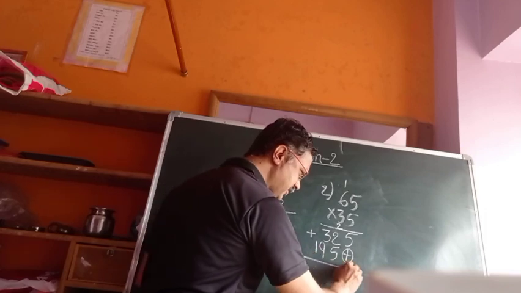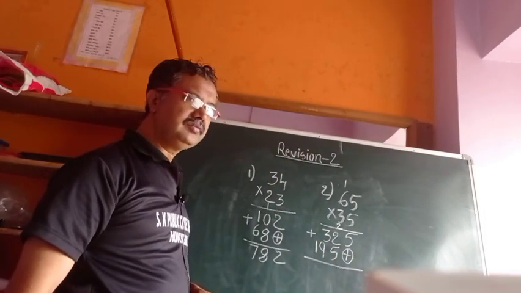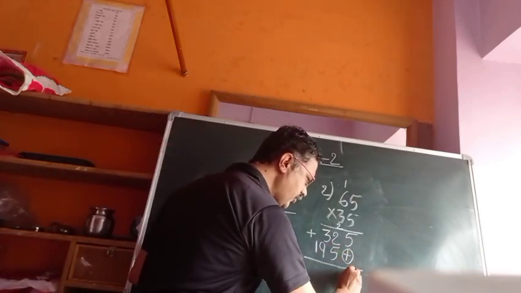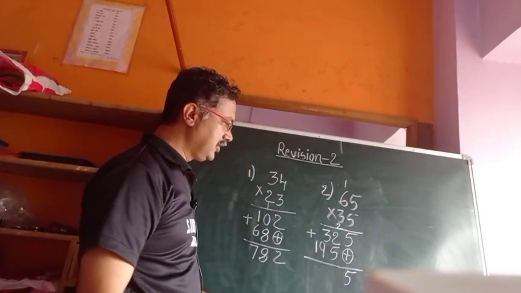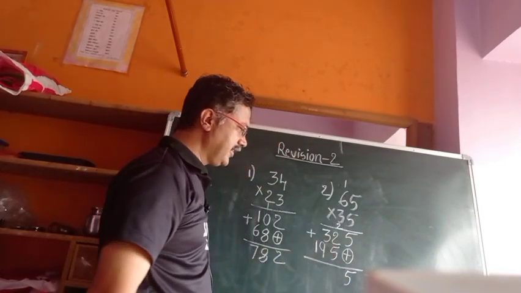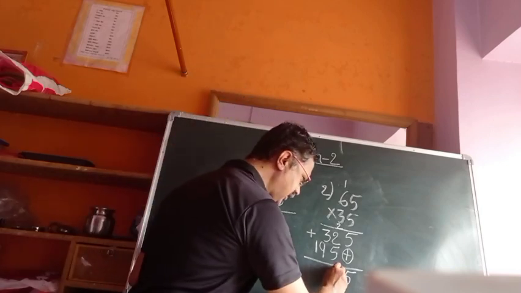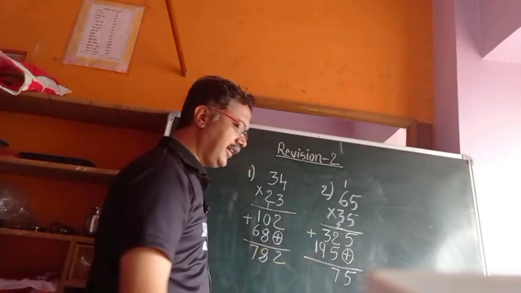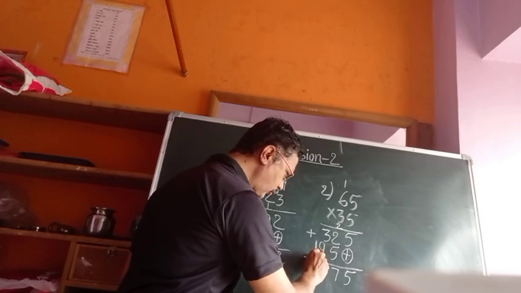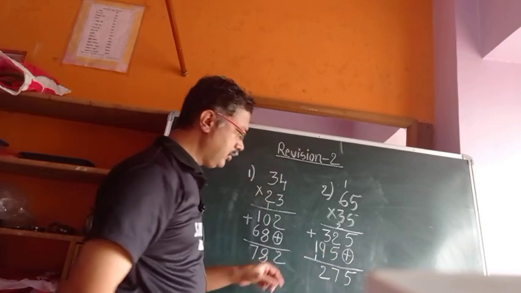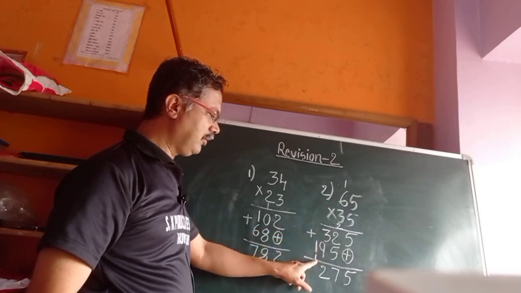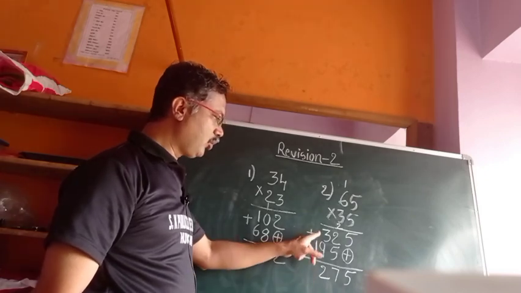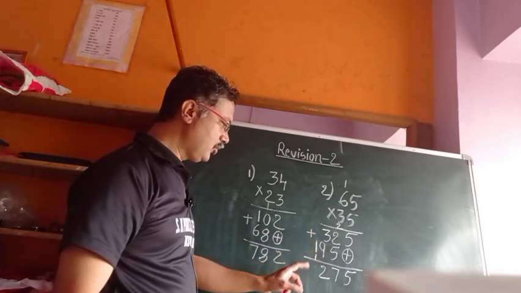Add all these numbers. 5 plus 0, 5. 2 plus 5, 7. 3 plus 9 is equal to 12. 1 carry forward and 2 downside, and 1 plus 1 is 2 and upside 0, means 2 only.